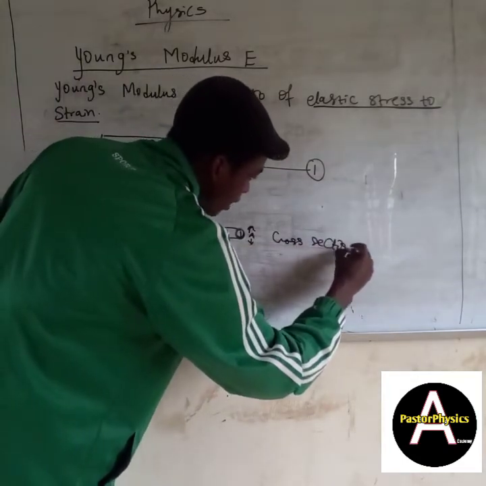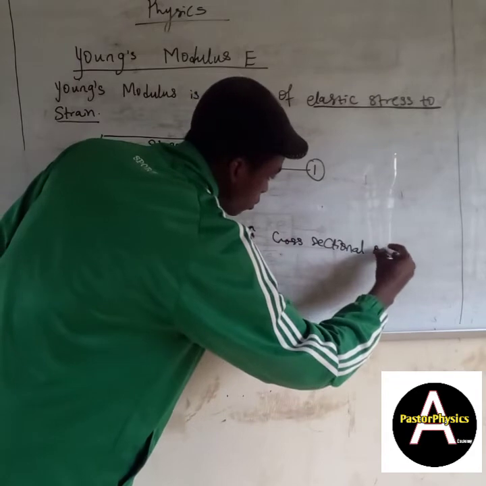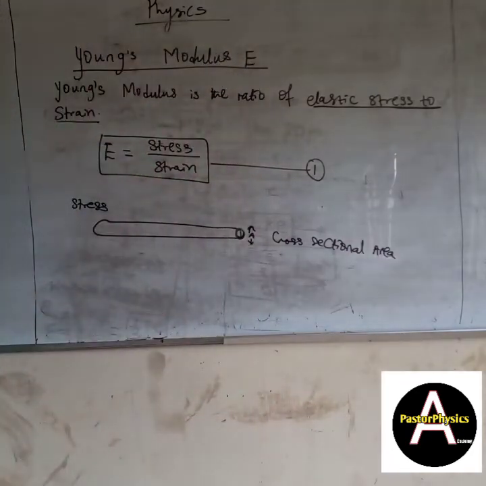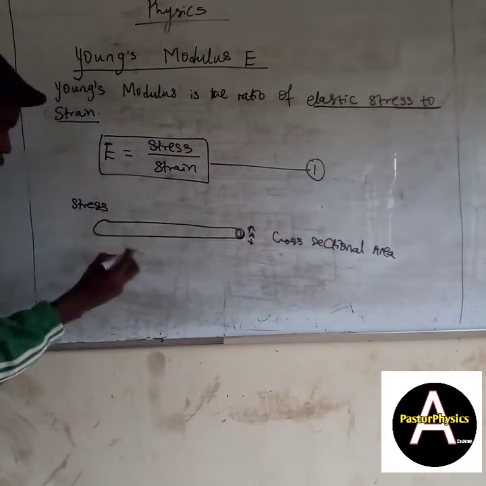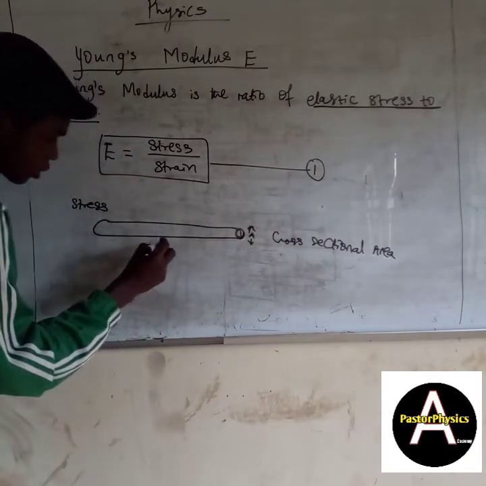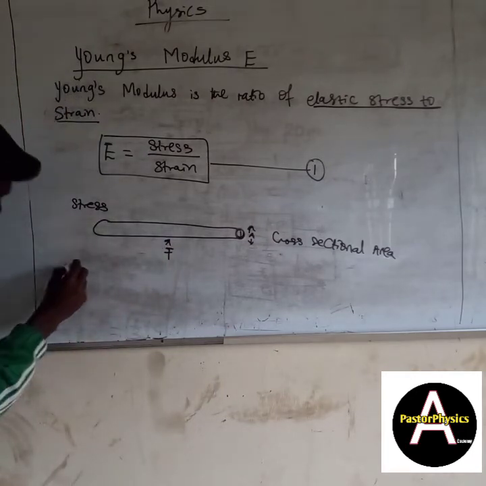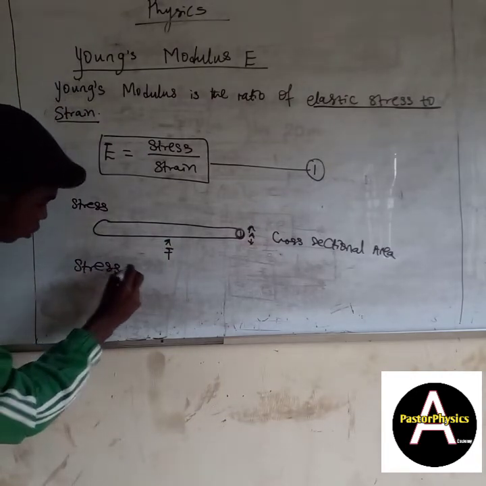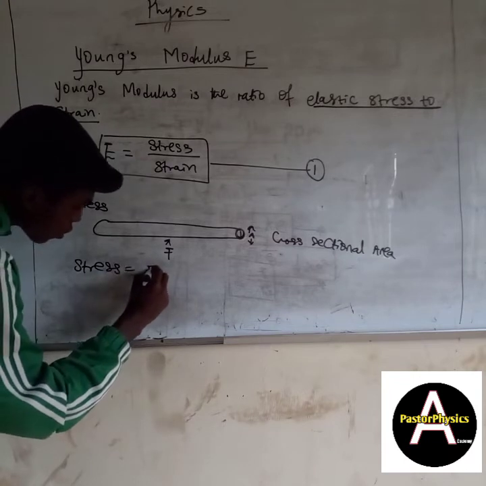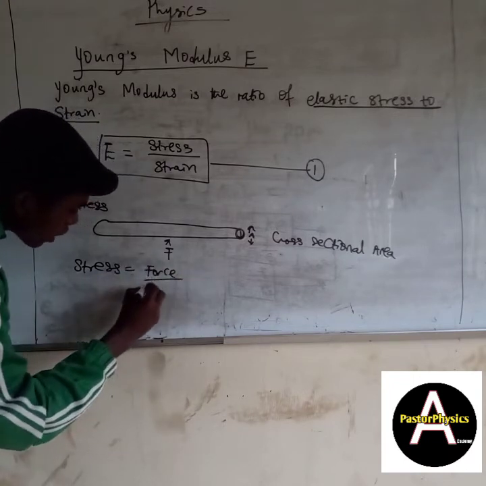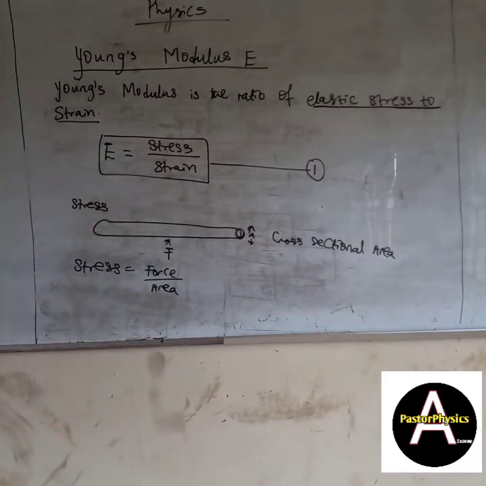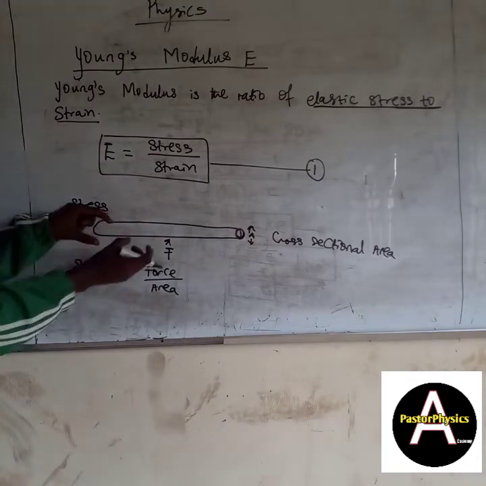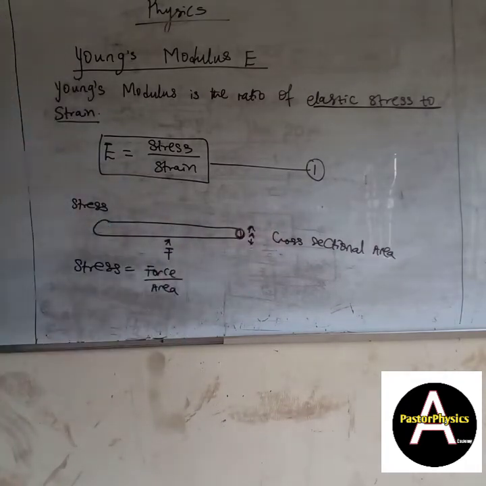That is the area we are focusing on. Then the force that extends this rubber, if it is called F, it means that stress is equal to force all over cross-sectional area. It's like pressure. The formula for stress is force over cross-sectional area.